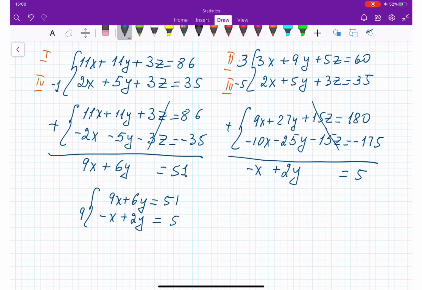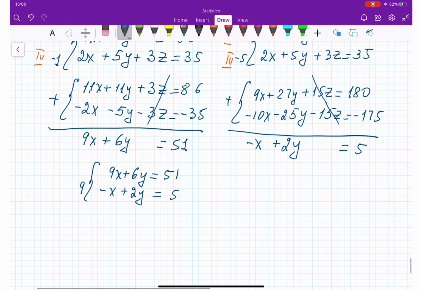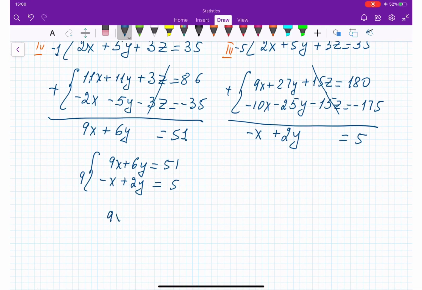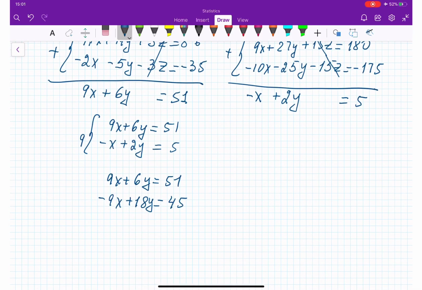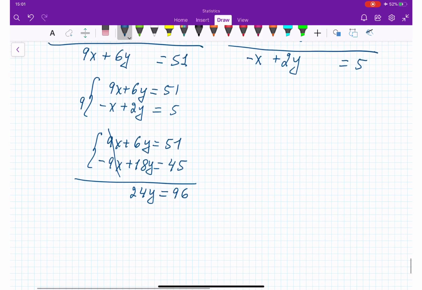This is gonna be the following change. 9x plus 6y is equal 51. Negative 9x plus 18y is equal 45. If we combine, negative 9x is gone, this is going to be 24y is equal 96, and from here y is equal 4.